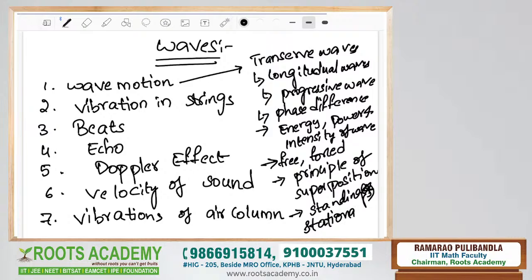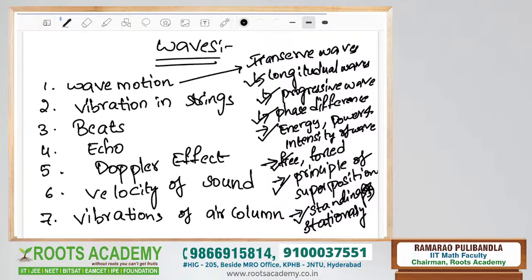So in today's session we will cover these topics in wave motion: the types of waves, that is transverse waves, longitudinal waves and progressive waves, the equation for the phase difference, the relations like energy, power and intensity of the wave, the types of vibrations, free vibrations and forced vibrations, the principle of superposition, and standing and stationary waves.